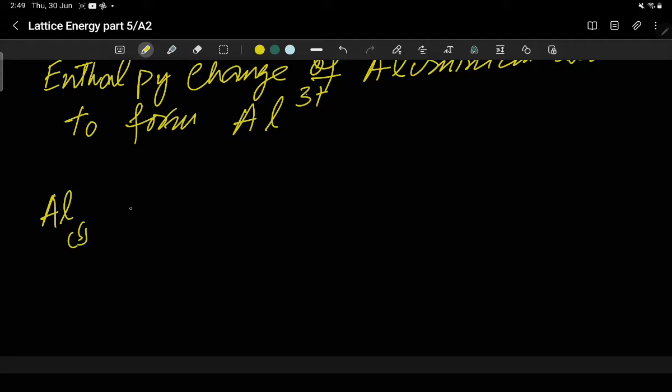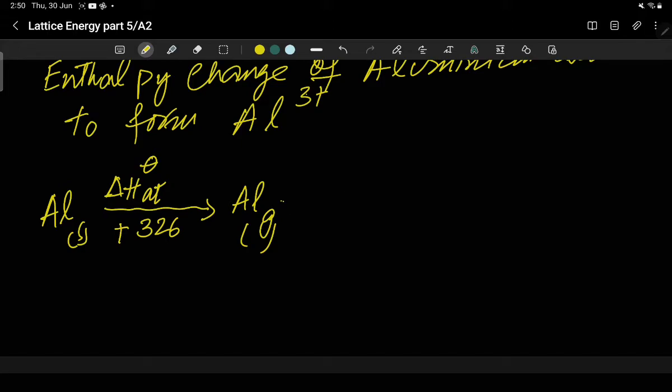Aluminum solid changes into aluminum gaseous atom, and it involves delta H atomization. The value is, according to data booklet, 326.